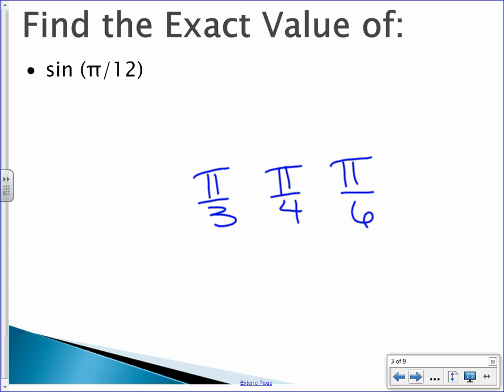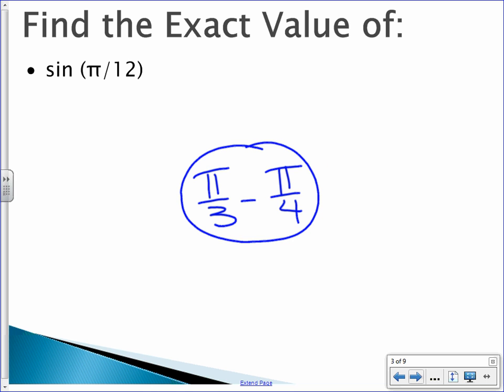Think about adding or subtracting any of those to make pi over 12. Okay, if you're saying we did pi over 3 minus pi over 4, let's think about making common denominators.